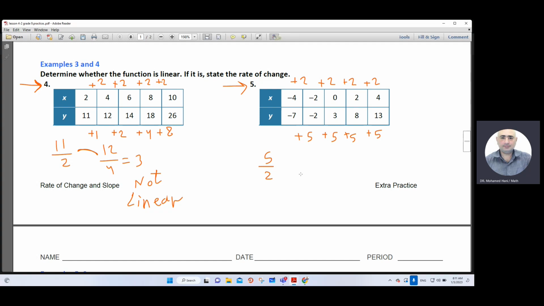What is the change in y here, and what is the change in x? The change in y here is 1 over, and here 2 over, here 4 over, and here 8 over.